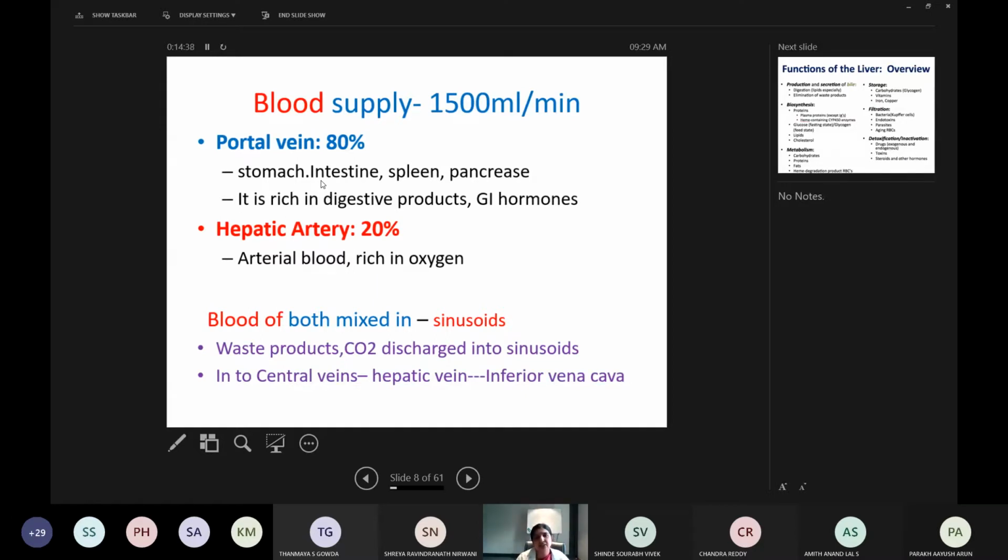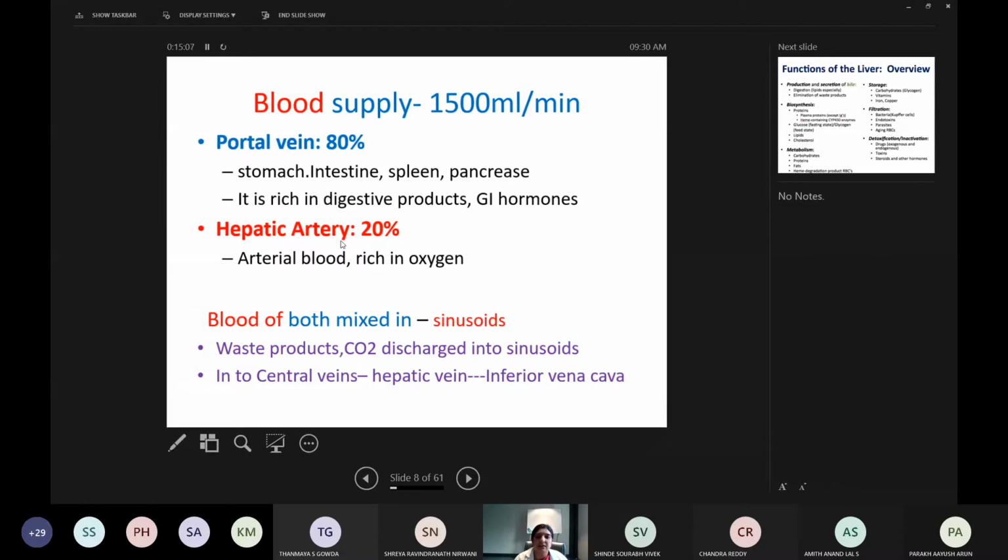After digestion in all these organs, and even the spleen, reticuloendothelial system, their products, the digestive products, including GI hormones, will enter into this liver. Okay, then that will cause the digestion.